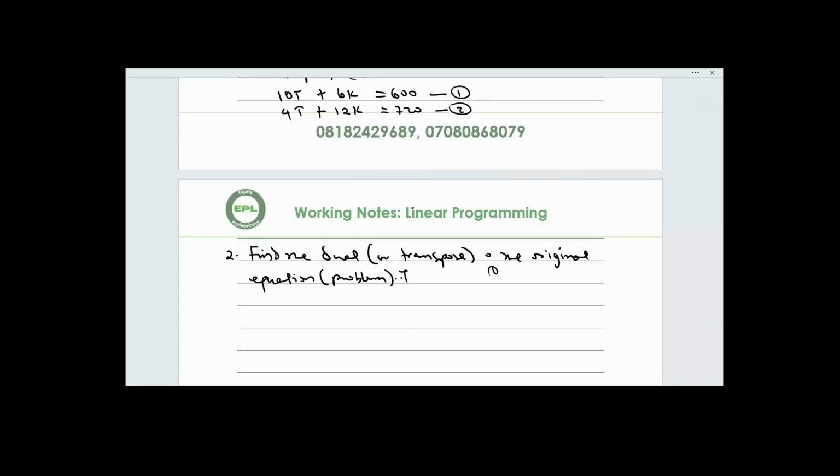Let me show you how to do it. This can be done by changing row to column or column to row. So when you want to find dual, just change row to column or column to row, the same thing, okay? This is shown as follows.